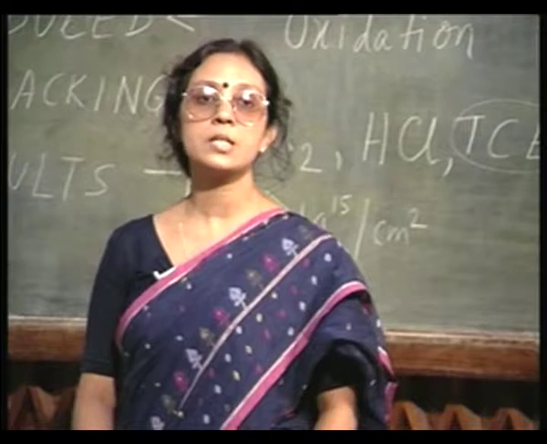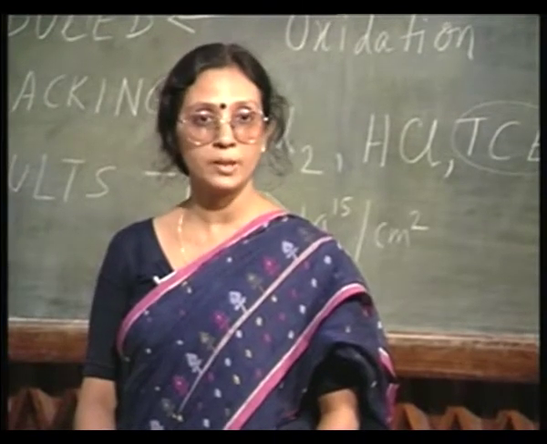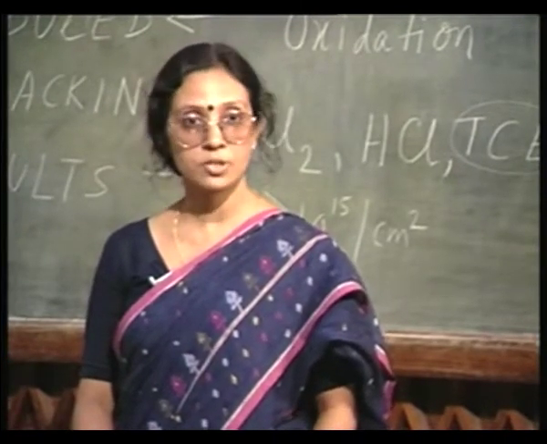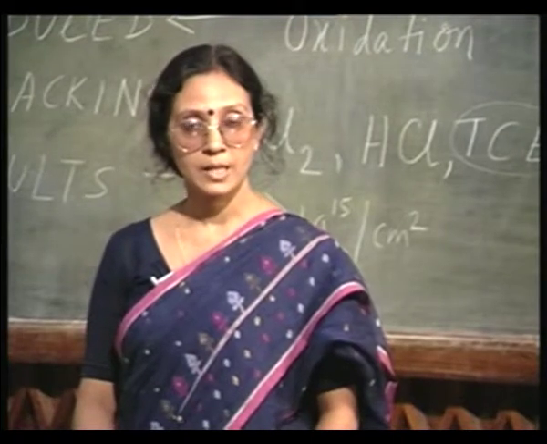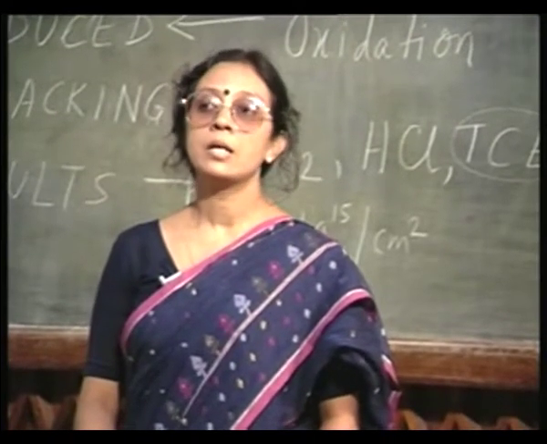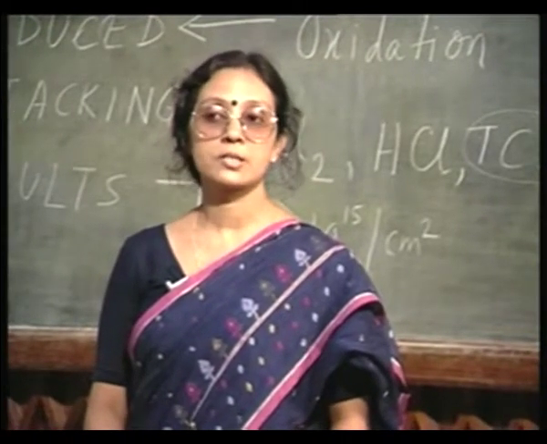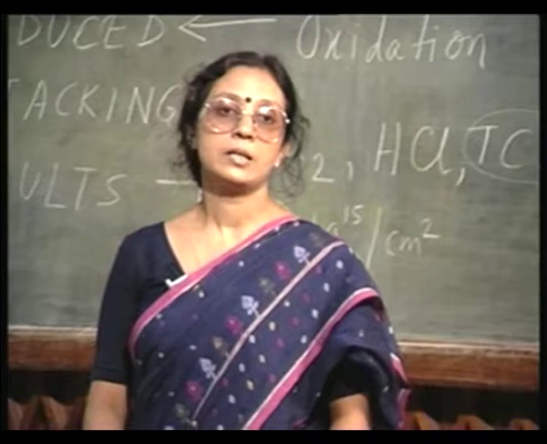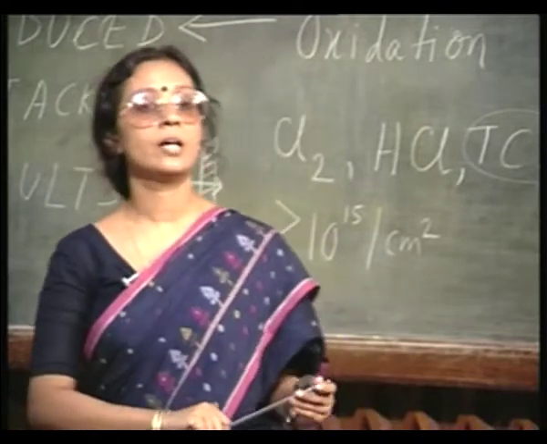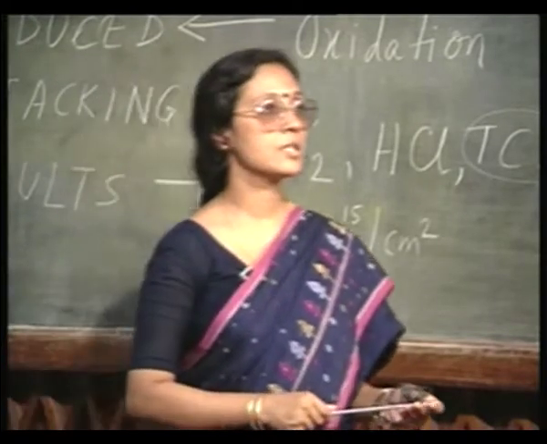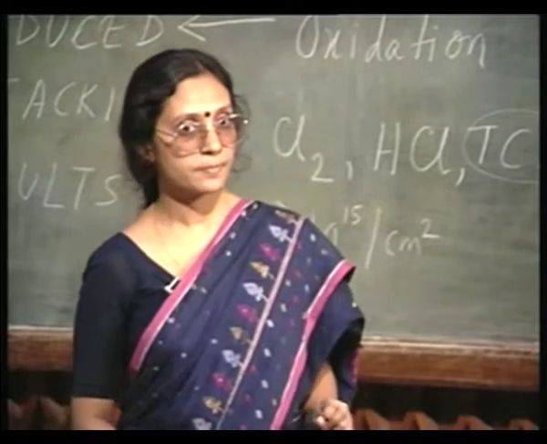The possibility of the oxidation being incomplete is greater at reduced temperature. Therefore, if one reduces the temperature of the sample in the oxidizing ambient itself, one expects to have a very large density of fixed oxide charge.